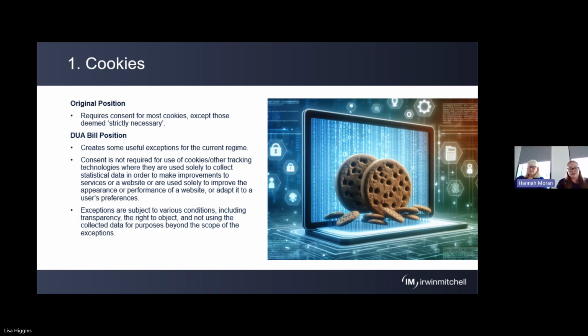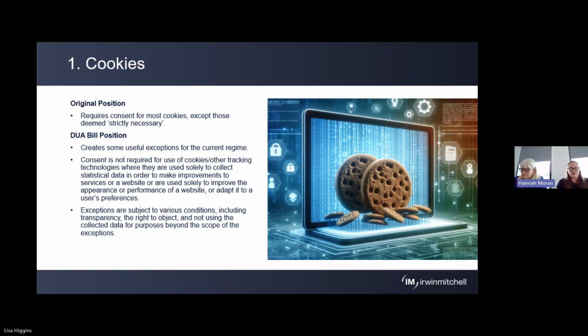It is important to note that for any other cookies, such as advertising cookies, social media cookies, things like that, you will still need consent if you're going to drop these. And also, whilst consent's not required where an exception applies, you still have to inform users about the purpose of the cookies you're dropping, and you have to provide users with a clear opportunity to opt out from those cookies if they want to.